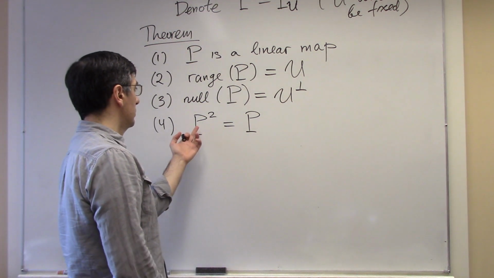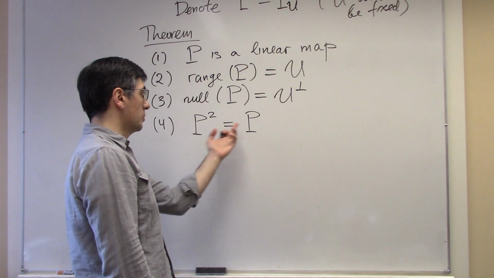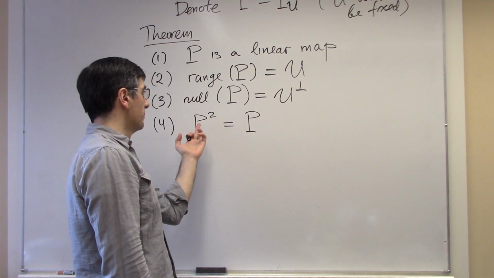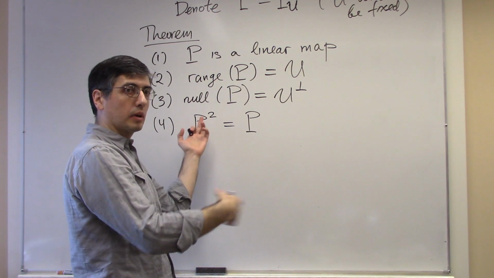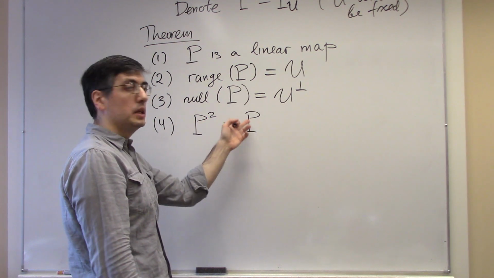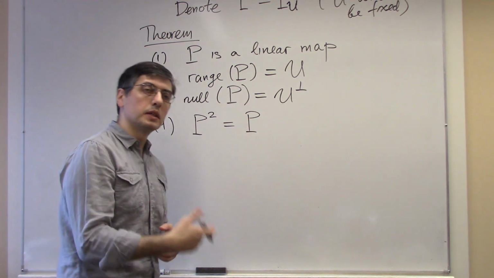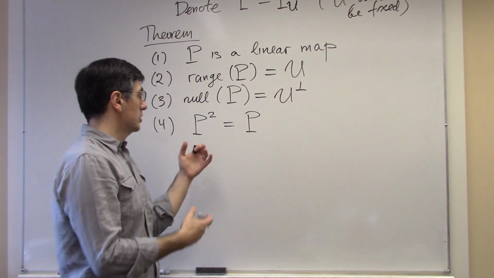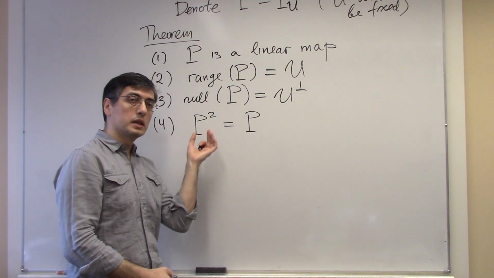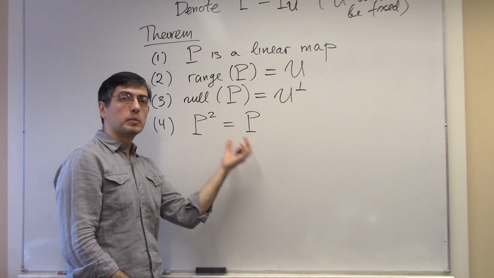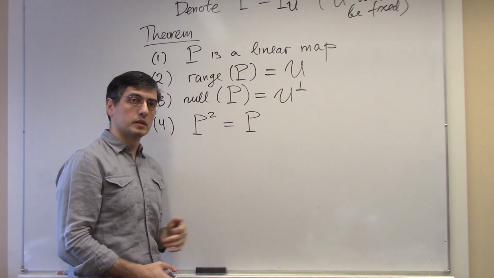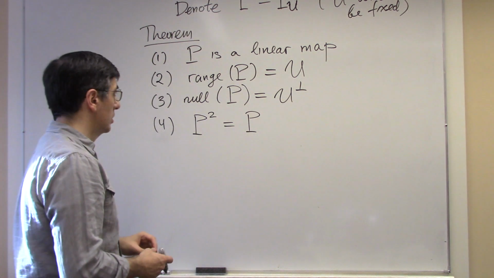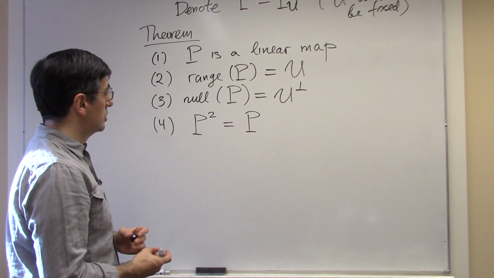So you get this strange equation between P iterated twice and P itself. Once you keep iterating P, you don't get anything new. That's what it says. So if you apply P twice to a vector, it is the same as applying P once. It doesn't change the result.